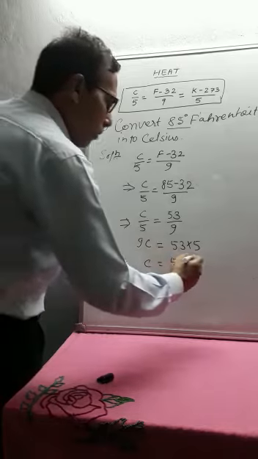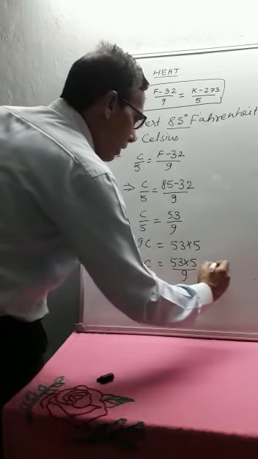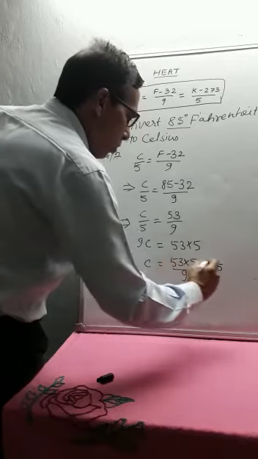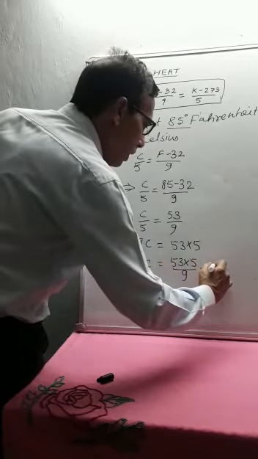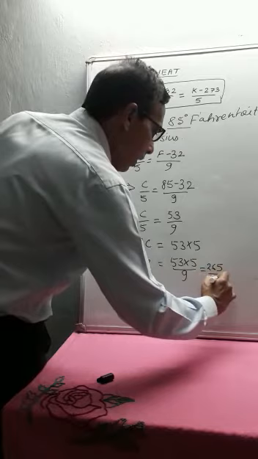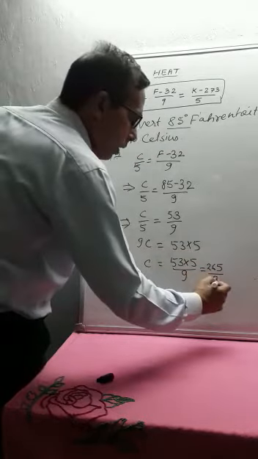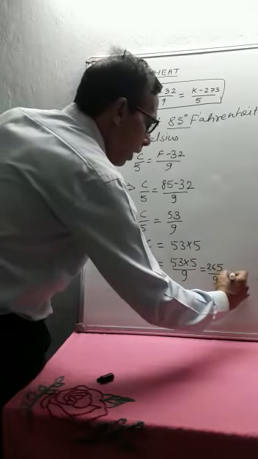Now you multiply: 53 times 5 is 265, divided by 9. Now in decimal point, 9 twos are 18.